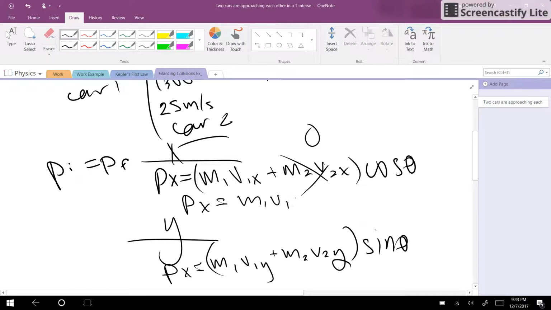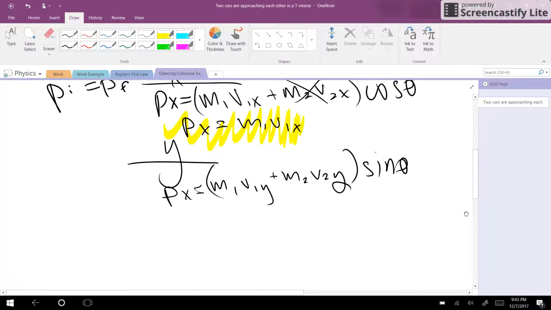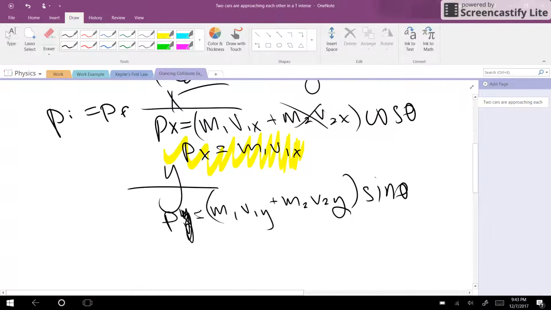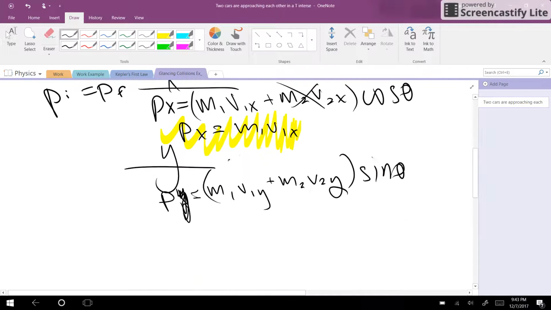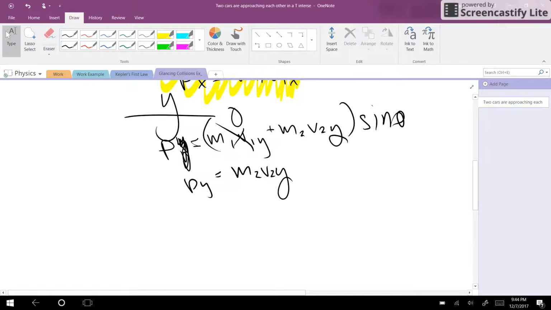Our momentum on the x-axis is going to be nice and easy. It's pretty much the same thing over here on the y: our first car has no velocity on the y, therefore it turns into 0. I should have probably gotten my calculator, but I don't have it. It's going to be a little tough, but it's alright.